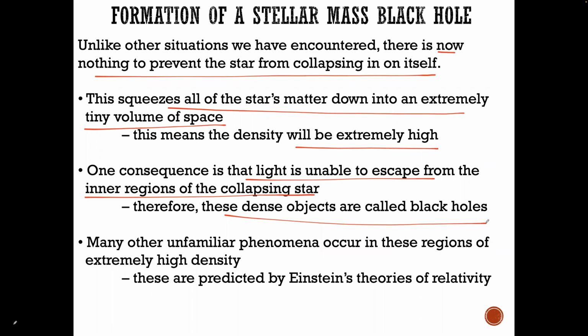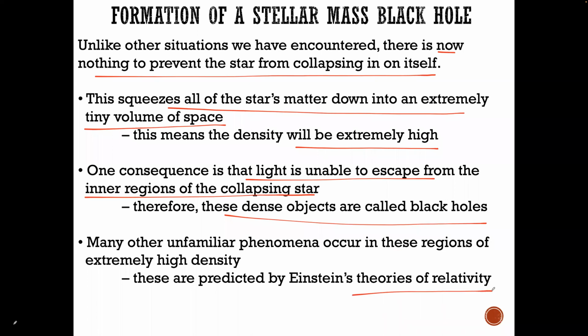Now, the problem with the black hole, or the mysterious thing about the black hole, is that when you have these extremely dense conditions in a tiny volume, there are many unfamiliar phenomena that can occur in these kinds of regions, which are actually predicted by Einstein's theories of relativity.